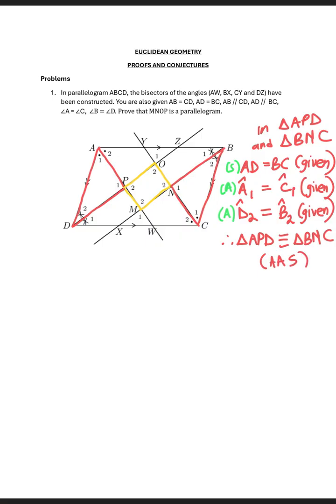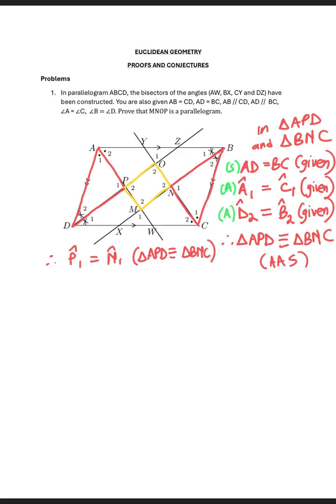Now that we have proved that the two triangles are congruent, therefore angle P1 equals angle N1. Reason: triangle APD is congruent to triangle BNC.